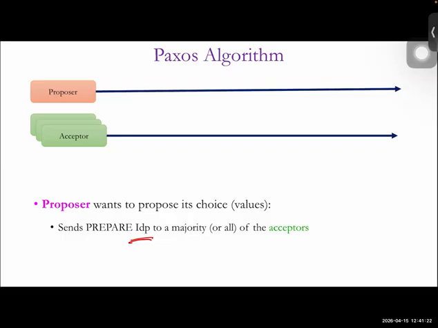For example, they use hash values, using the timestamp and proposer ID to generate the prepare ID, and then send this prepare ID to all the acceptors or a majority of the acceptors.